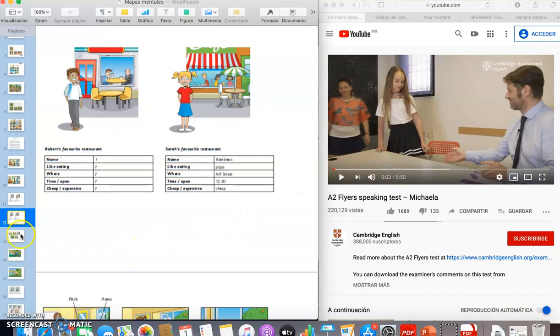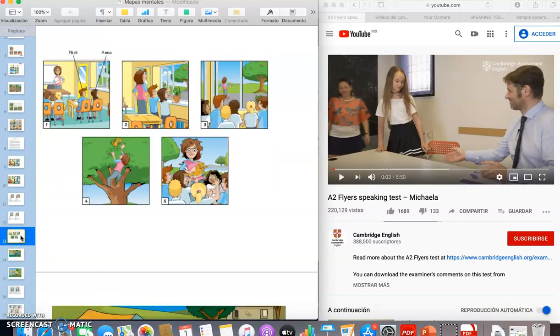Now, in the next part, we have 5 images, 5 pictures, and the examiner will give you the instruction to look at the pictures carefully, and then he will tell you the beginning of the story and the story's name. And then you have to continue the story. For example, look at these pictures. They show the story. It's called The Brave Teacher.